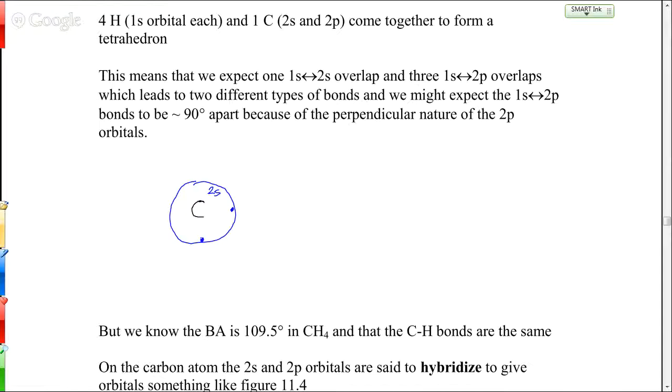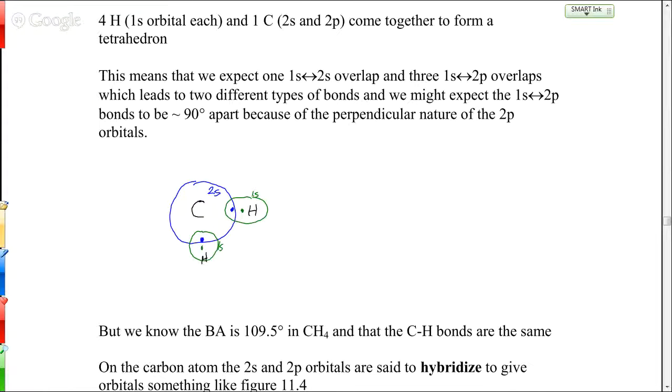And those are bonding with the hydrogen orbitals, which are also 1s orbitals. So we've got, let's see, I hope I have enough colors here. We have a hydrogen 1s orbital there, and a hydrogen 1s orbital there with its electron. And the carbon's bonding to those 2 hydrogen 1s.